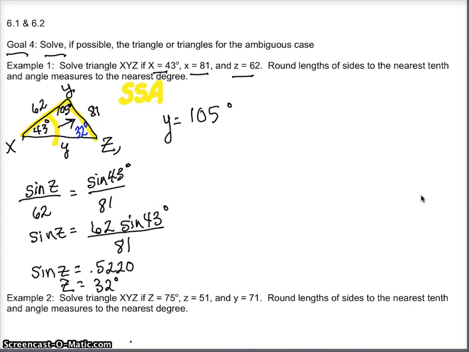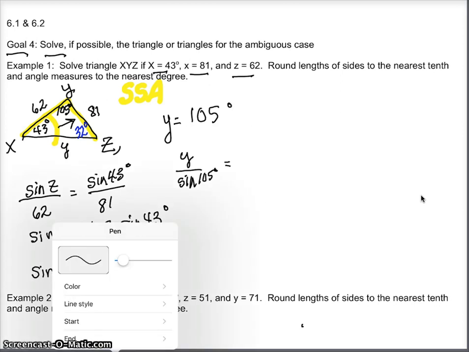Okay, so we know for certain that we have at least one triangle. I've solved for every piece of that triangle except for side Y. So now let's set up our proportion to solve for side Y. We know that we need Y, and remember we talked about putting the variable in the top left, so Y divided by the sine of 105 degrees is equal to, remember we also discussed sticking with our given information whenever possible.